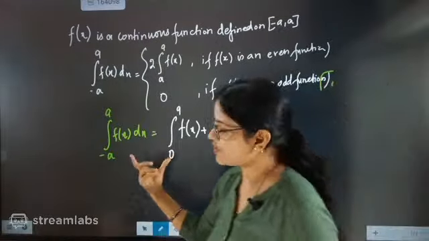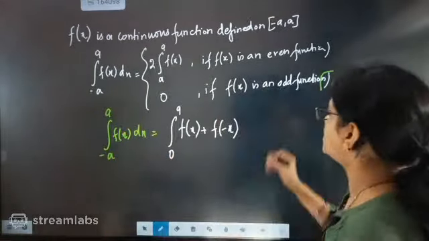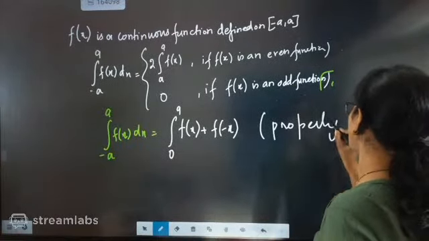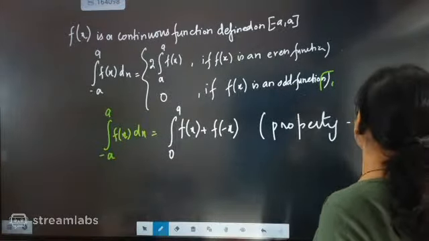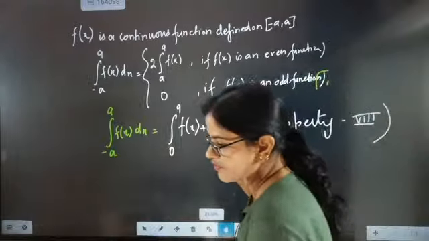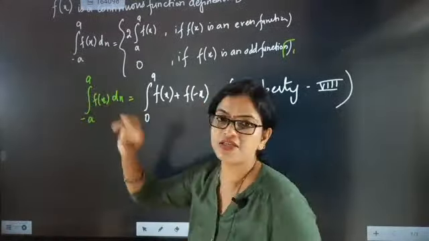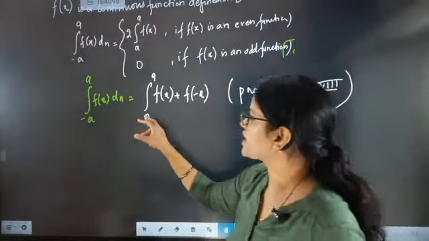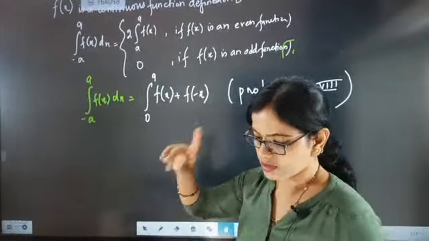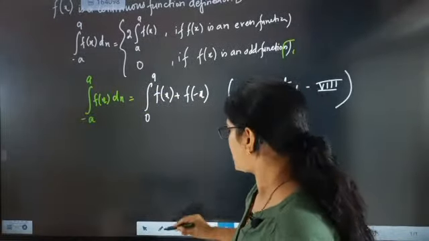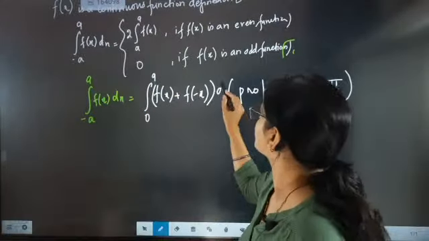So this is the property we have used, that is property number 8, where the integral from lower limit minus a to upper limit a becomes the integral from 0 to a of f of x plus f of minus x dx.